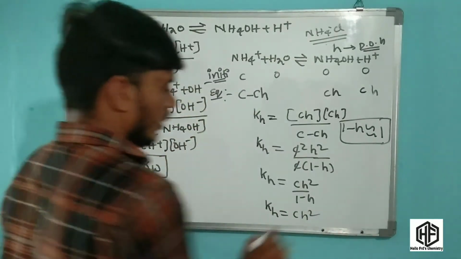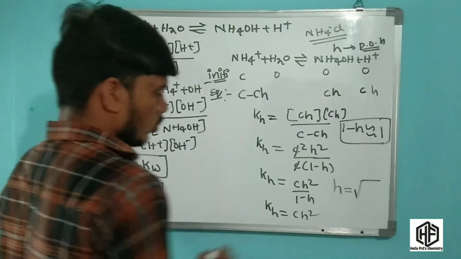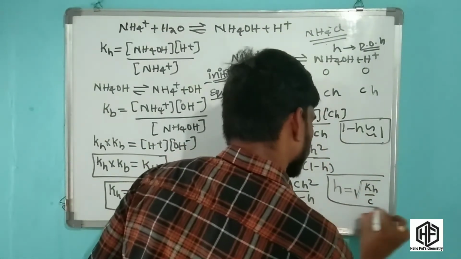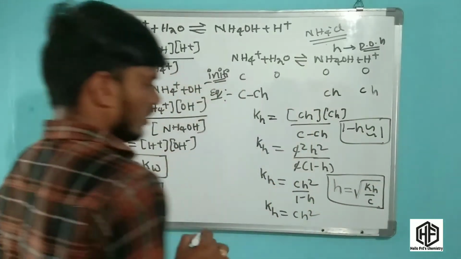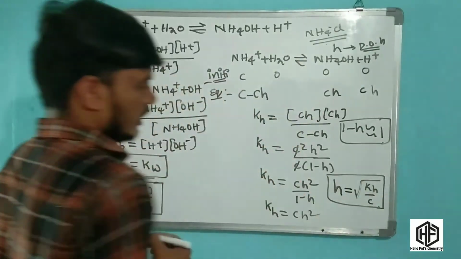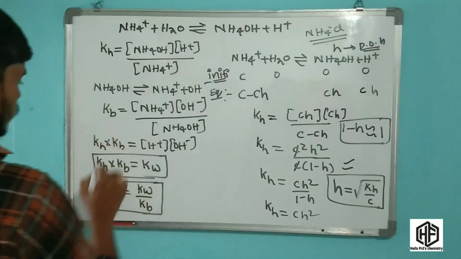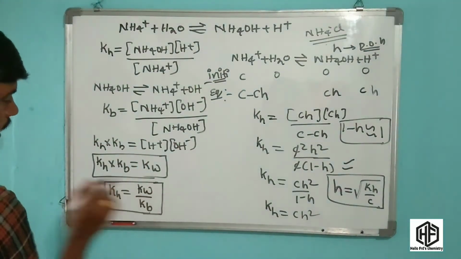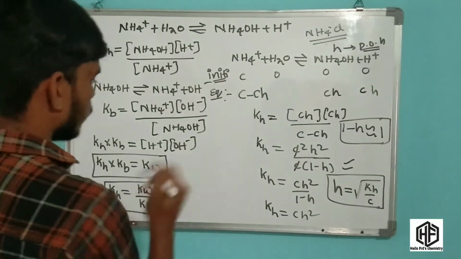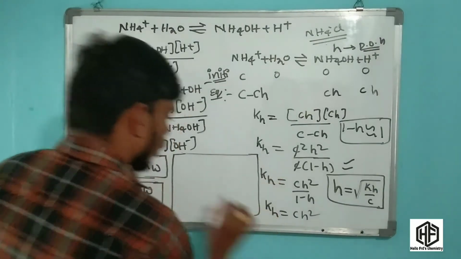Now what is h? h is equal to root over KH by C. This is h, and KH is equal to KW by Kb. This is clear, friends. Now we have to calculate the H plus ion concentration, friends.